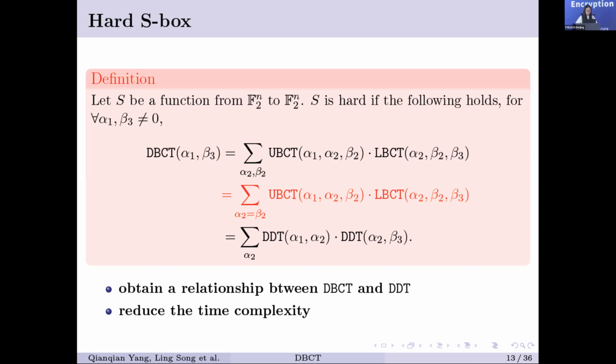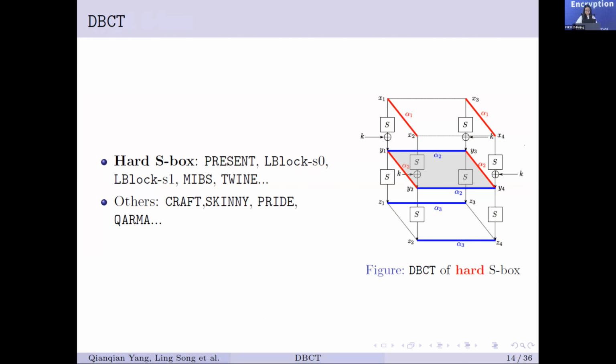From the equation, we can obtain a relationship between DBCT and DDT. It also reduces the time complexity for DBCT from 4 dimensions to 3 dimensions, such as the S boxes of PRESENT, LBlock, MIBS, and TWINE. All these S boxes are involutions. And for others, such as CRAFT, SKINNY, PRIDE, and Klein, they are general S boxes.